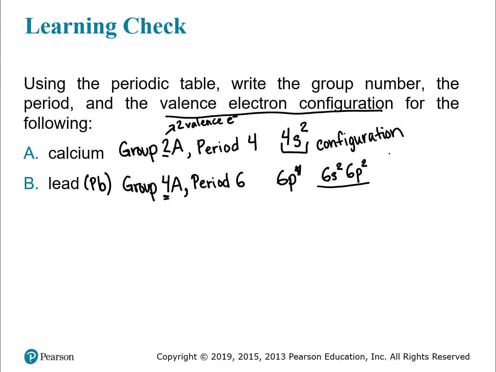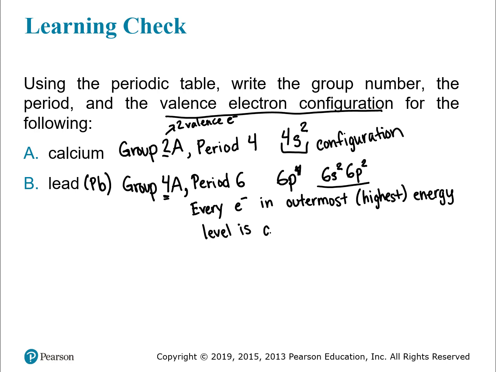So every electron in the outermost, which you can read as the highest energy level, is a valence electron.